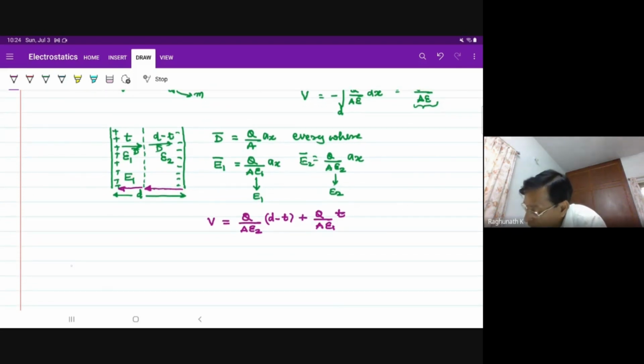So the capacitance of this capacitor C is equal to Q by V, is what? Can you simplify and tell me the expression?